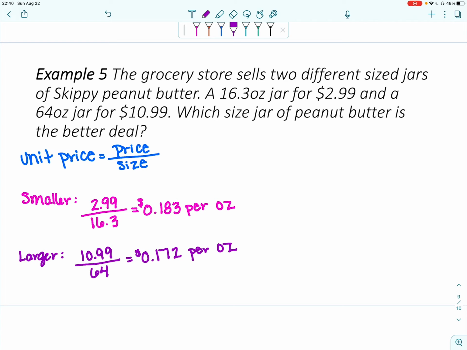If you think about an ounce as roughly a tablespoon, that's 17 cents per tablespoon, if that's the correct comparison. So which size jar of peanut butter is the better deal? The larger jar, because the price per ounce is lower.